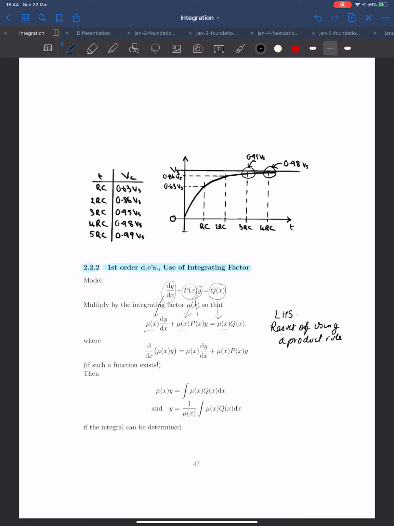So if you differentiate mu of x times y, it's the product rule: our first times the derivative of the second plus our second times the derivative of the first.